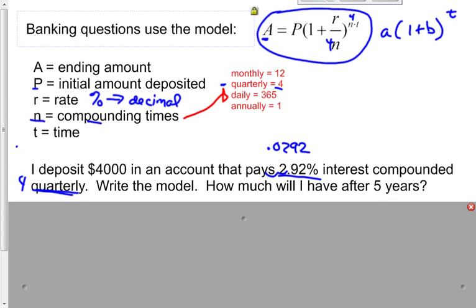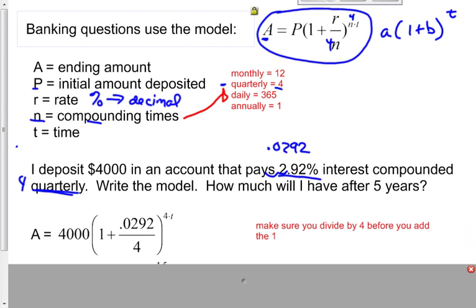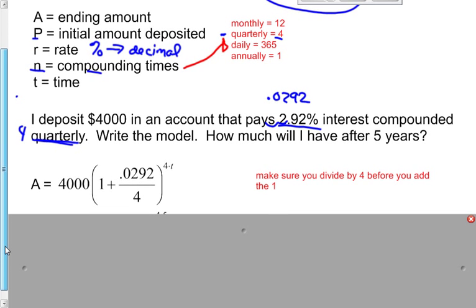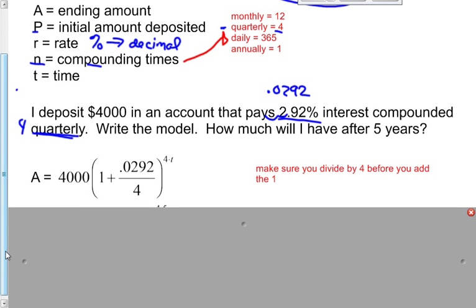All right, so let's put it all together to write the model. 4,000 parenthesis 1 plus 0.0292 divided by 4, and then close the parenthesis, raised to the 4t. Now here's a mistake that people will make. Please be sure you divide by 4 first before you add in the 1.